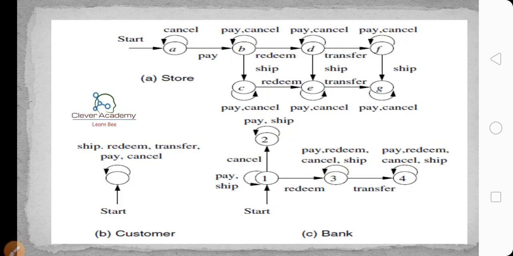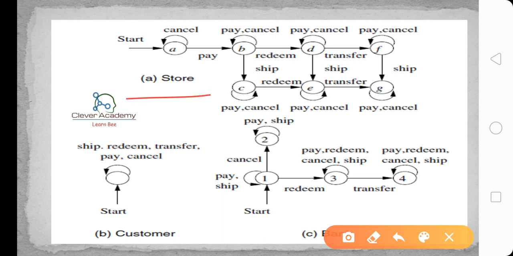You can see the same operation being represented. We have the store, we have the customer, we have the bank. Whenever we want to give more operations, you represent them here. Previously I didn't have an option called cancel, so now I'm giving it: you can pay or you can cancel, you can redeem.